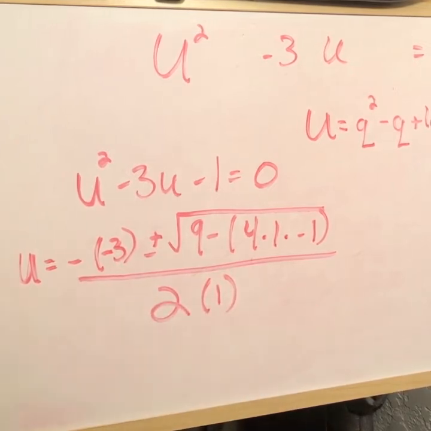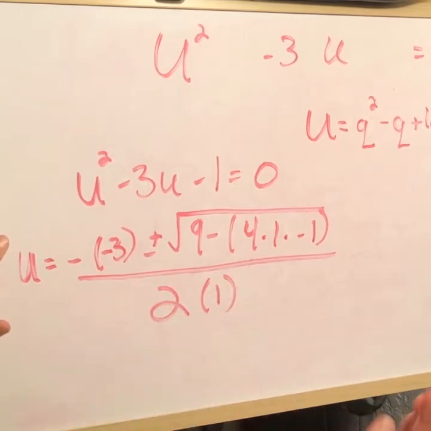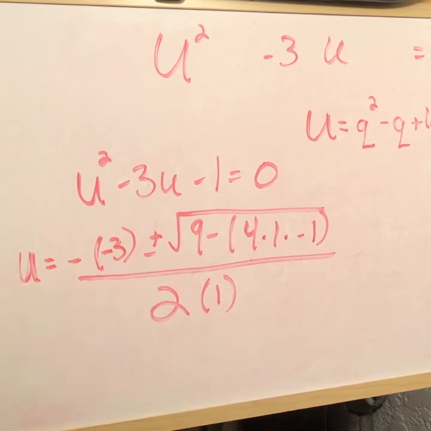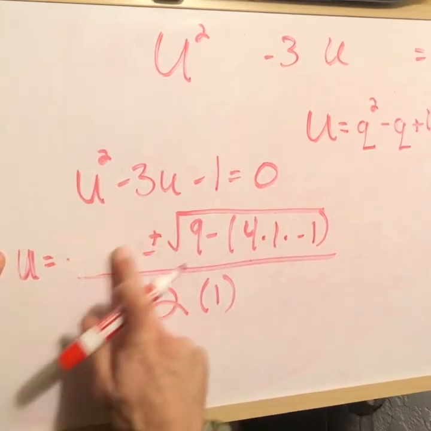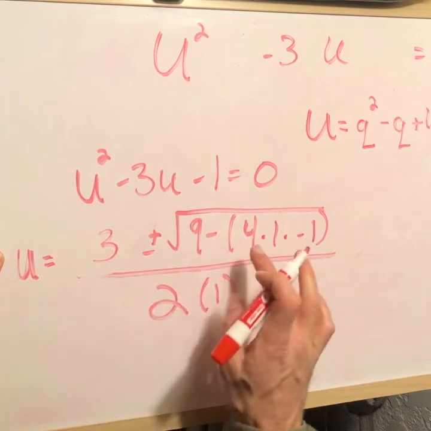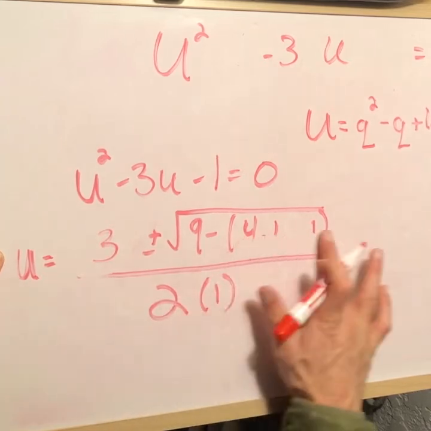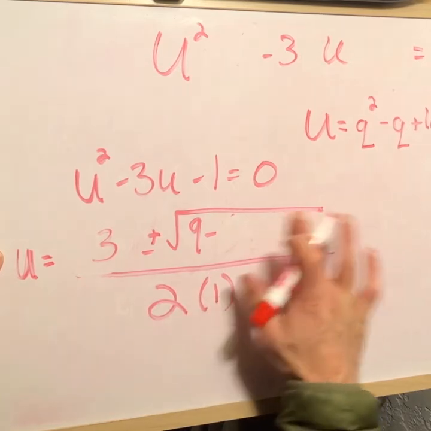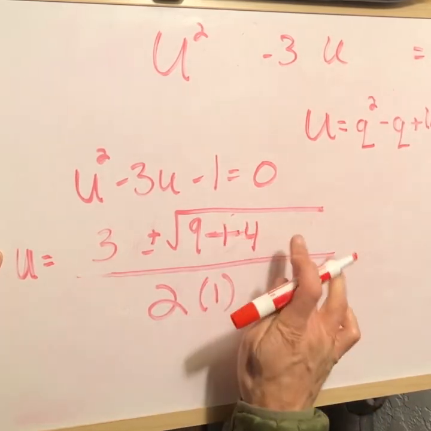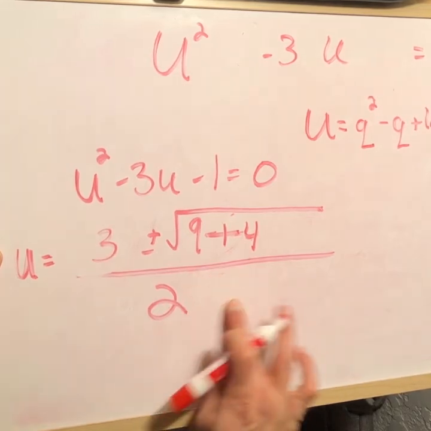All right, now let's just simplify this real quick. This is STEM, so you could probably do this pretty simply. While I'm doing this, I have -3, 9 minus 4 times 1 times -1 is -4. 9 plus 4 is 13. 2 times 1 is 2.